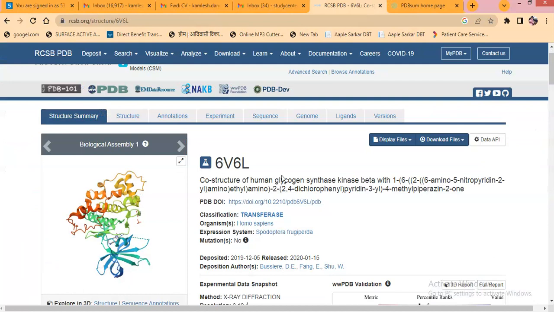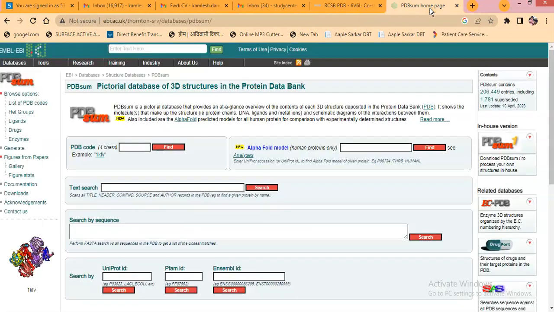Here my protein is a glycogen synthase kinase, but out of the number of glycogen synthase kinases, I want to check the quality of 6V6L, whether it is good for my study or not. For that reason, I am going to enter 6V6L and just click on find.